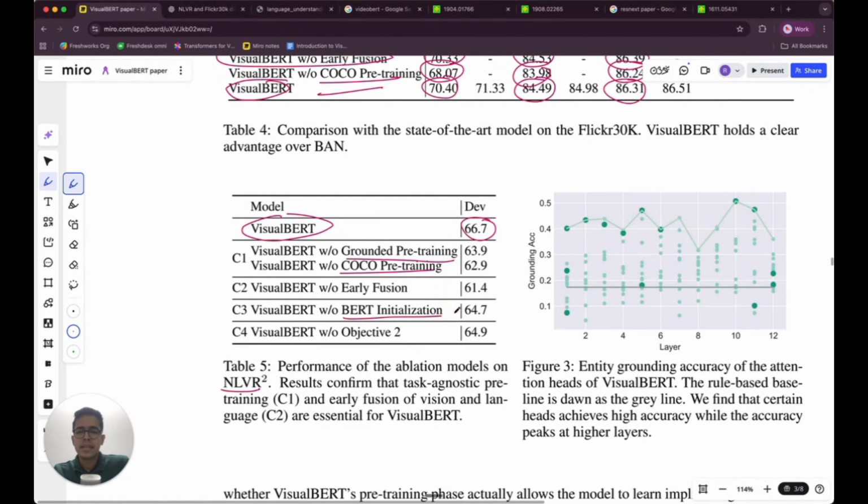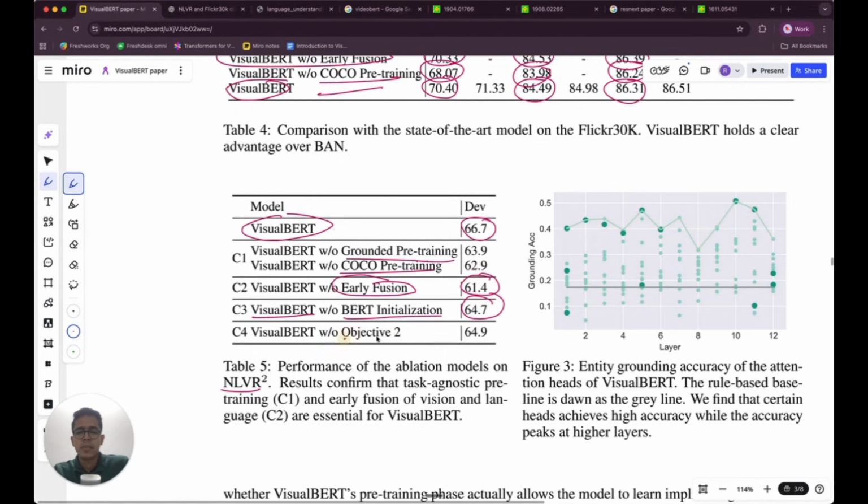Without BERT initialization means you have 64.7. So this has 3 things. It has COCO pre-training, it has task-specific training, but it does not have BERT. This means early fusion, the image is allowed to appear only in the last transformer layer. That significantly impacts the performance.